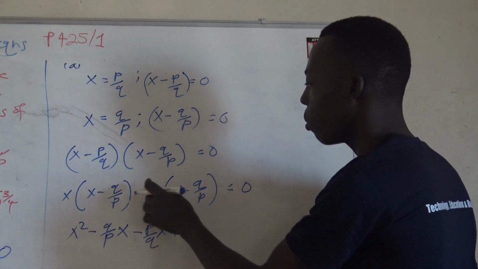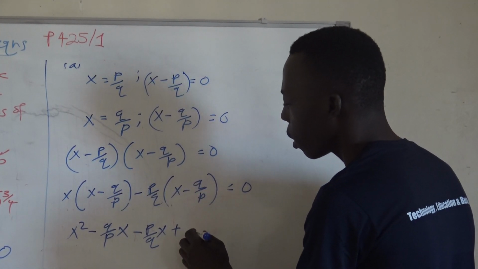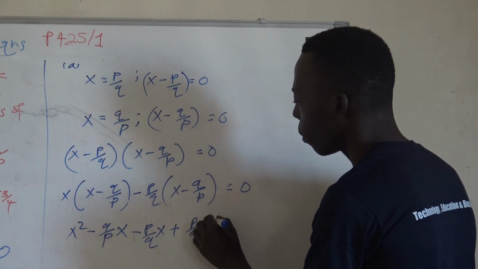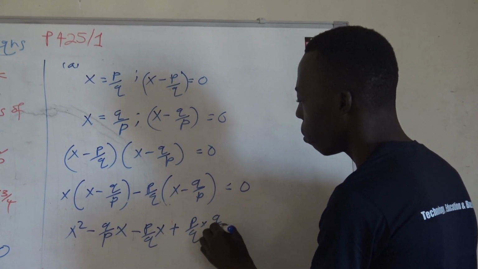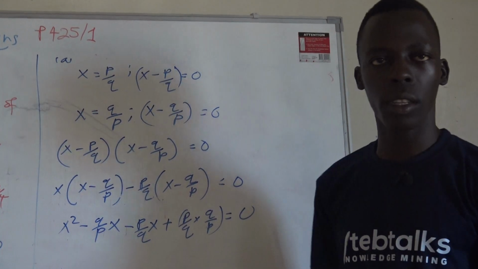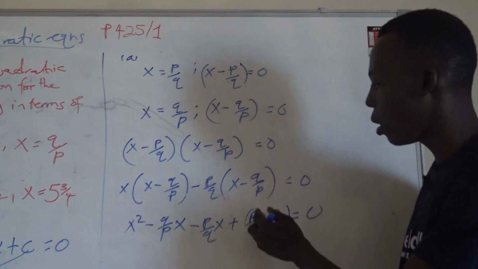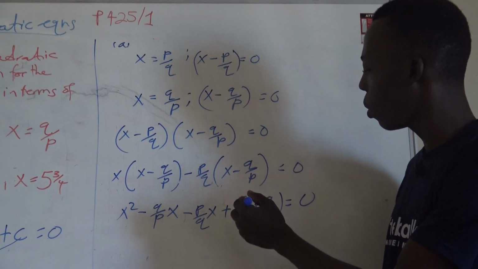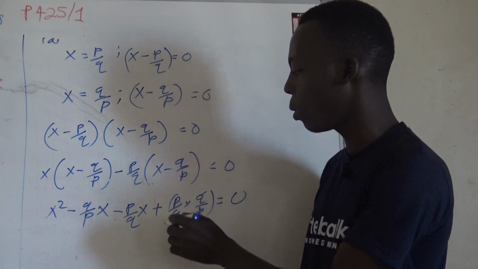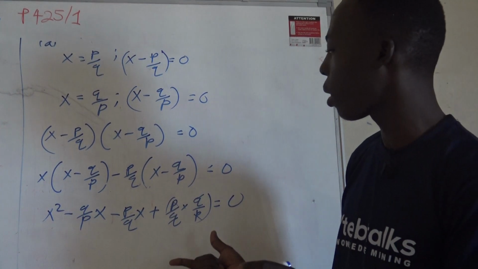So it will be p out of q times q out of p, which must give us 0. Here we have a common thing: if we try to reduce, this one and this one will go, also this one and this will go, so it remains with 1.